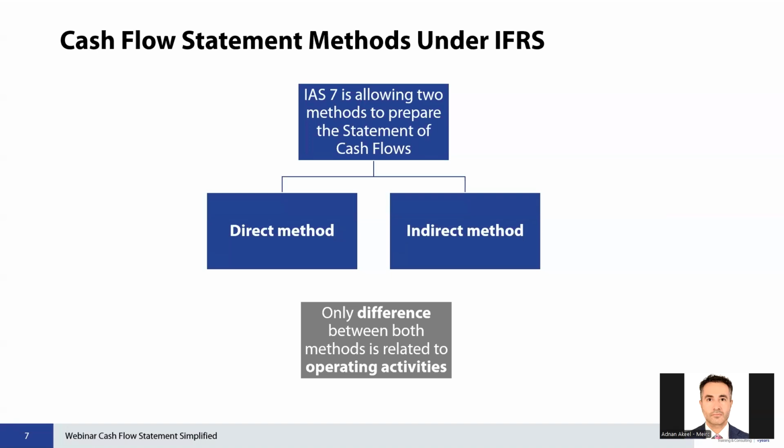The only difference between direct and indirect is in the first section, which is the operating activities. And once we go into the details and into the practical example, that will be very much clear.